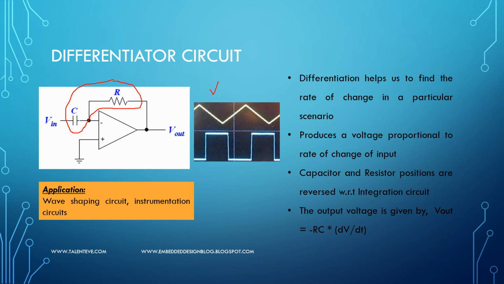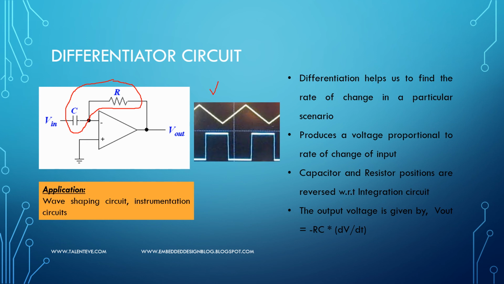So if you give a triangular wave, it produces a square wave at the output. As simple as that. This helps us to shape the waveforms as per our requirement, and also in instrumentation where you want to measure the variance, this circuit can be used.